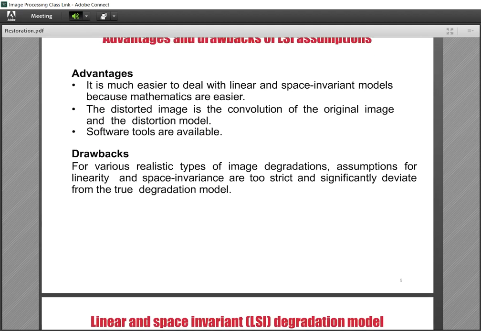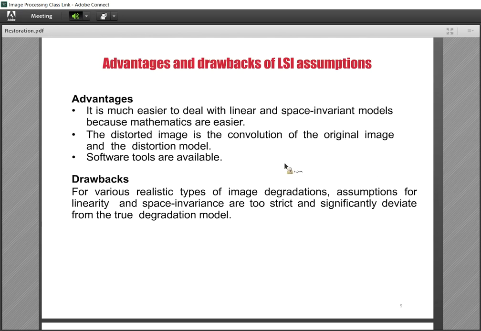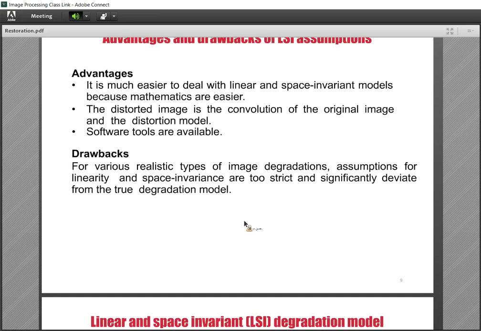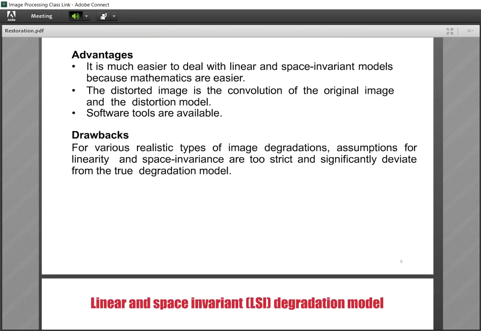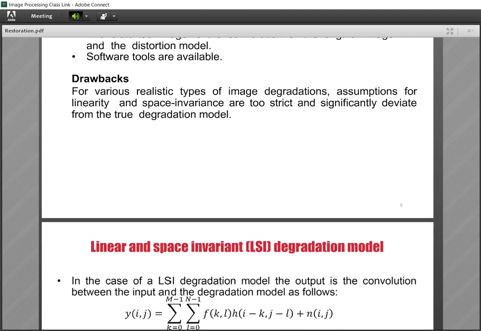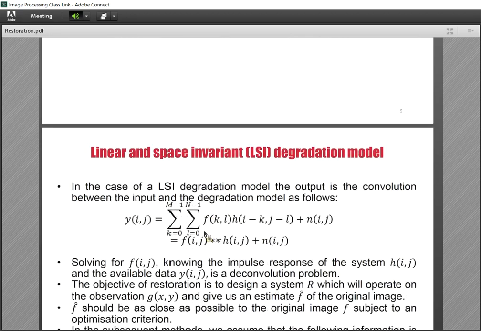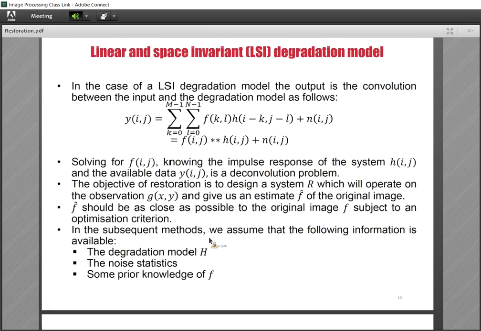We said about advantages that it is very good, and we are supposing, if possible, all of the systems LSI, or in another scope LTI, linear time invariant systems. But in some situations we cannot suppose this, due to, for example, some constraints of the system, non-linearity or non-space invariance, or space variant.